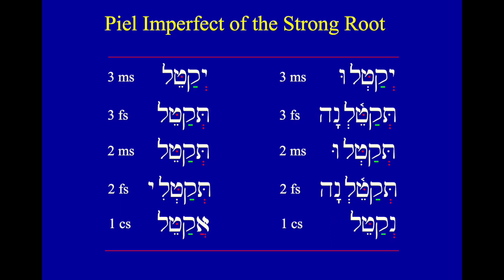Well, for our Piel imperfects, we have a schwa underneath our preformative. And notice that that's just like what's underneath our mem preformative for our participles in the Piel. So, yeqattel, teqattel, teqattel, teqattelî, eqattel. What's different is that schwa vowel underneath our preformative and our doubling of the middle radical.